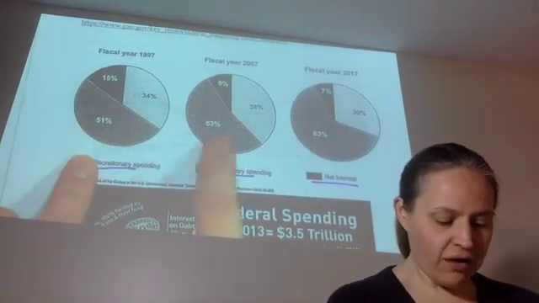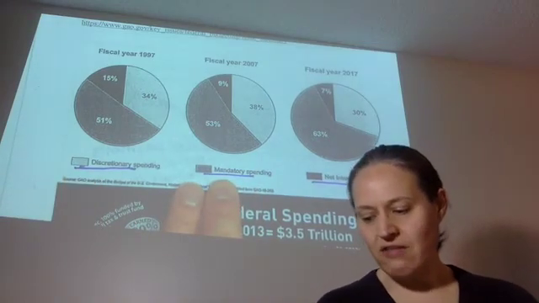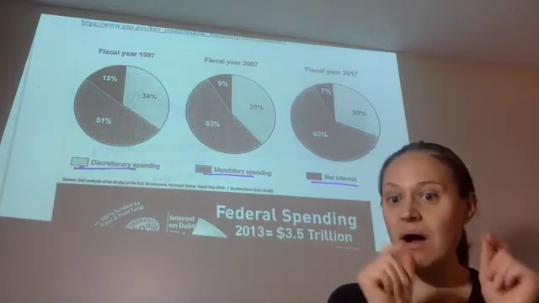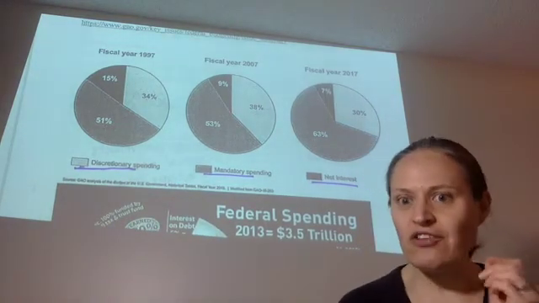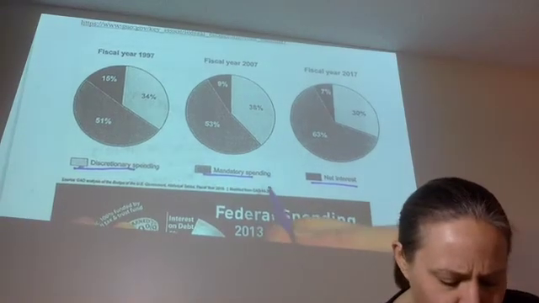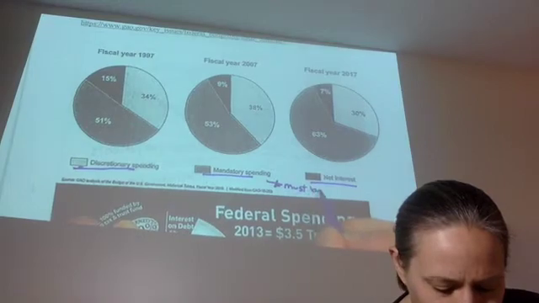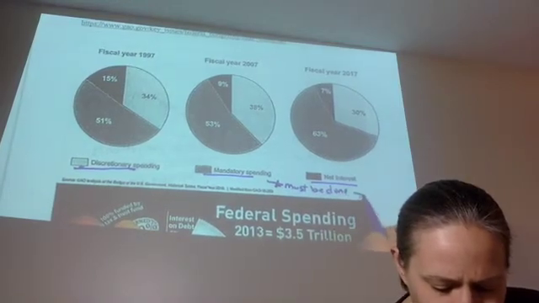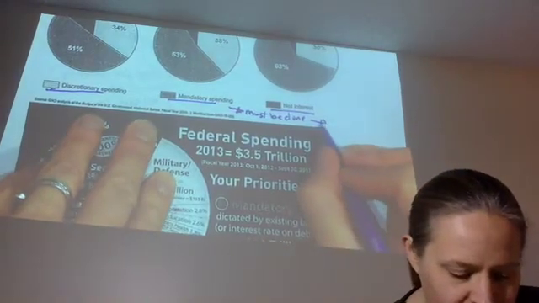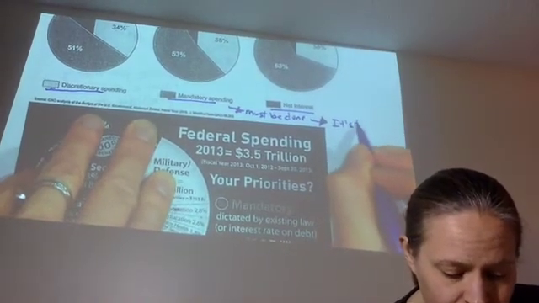Now this biggest part of the pie is what's called mandatory spending. Now, if something is mandatory, that means it must be done, right? It is mandatory that you do this. It means you have to do this. So we can add that in there. It must be done. And the biggest parts of mandatory spending that our federal government has, and it must be done because it's the law.